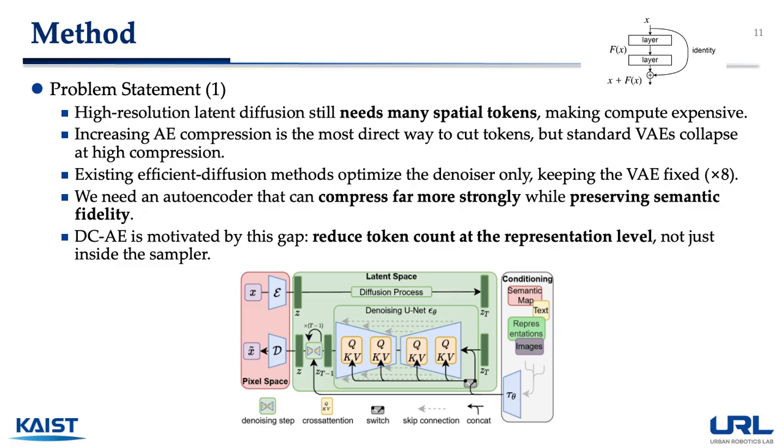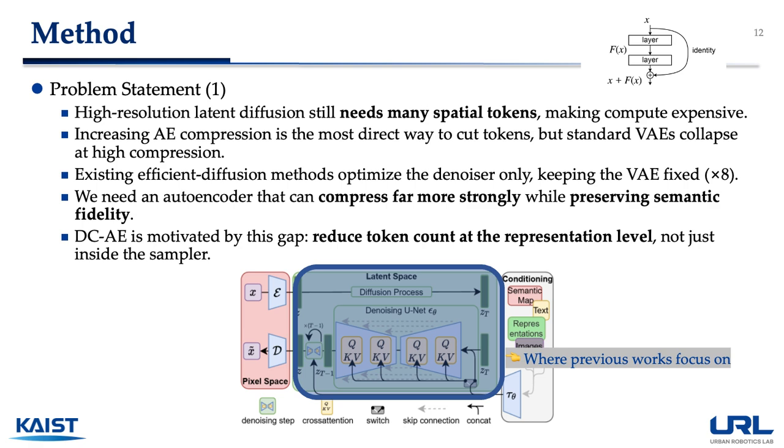So the main issue is that high-resolution latent diffusion still uses many spatial tokens, and increasing compression is the most direct way to reduce them. But the standard SDVAE breaks when pushed beyond F8, which is why previous works focused only on the denoiser. We need an autoencoder that can compress much more strongly while keeping semantic fidelity, and DCAE is built exactly for this kind of purpose.